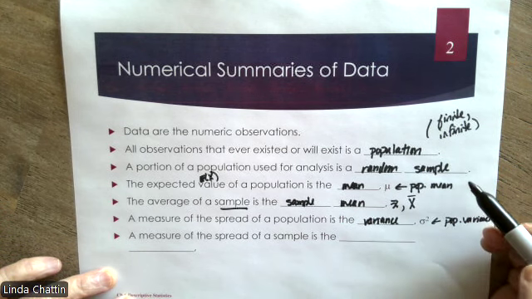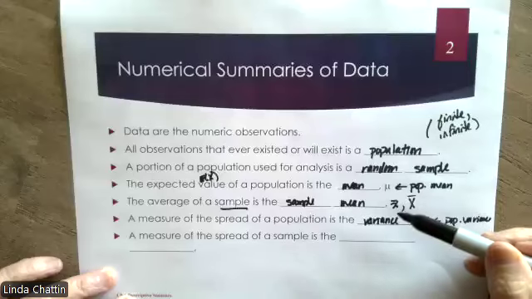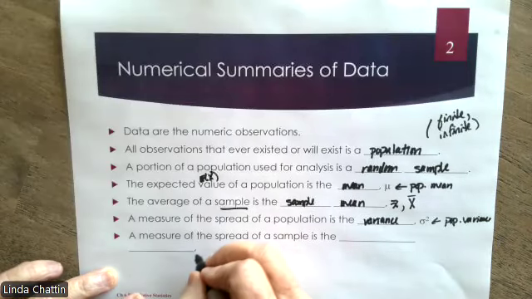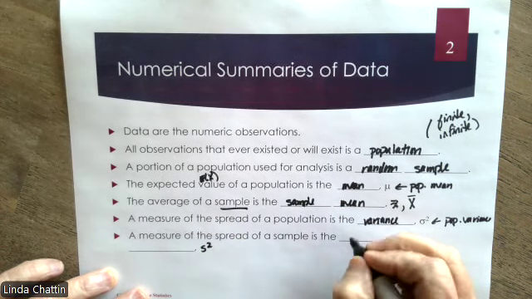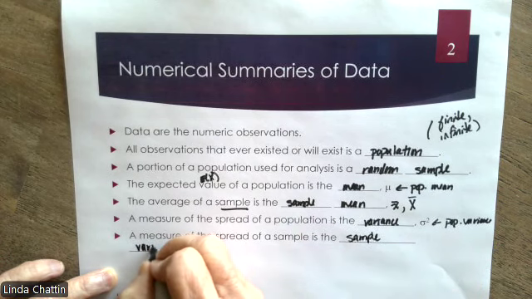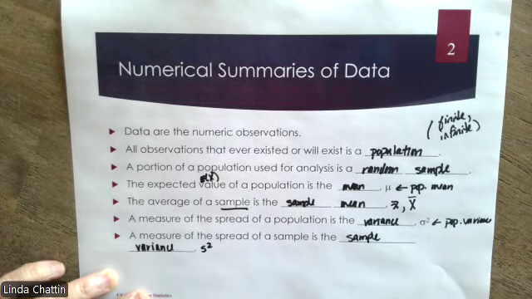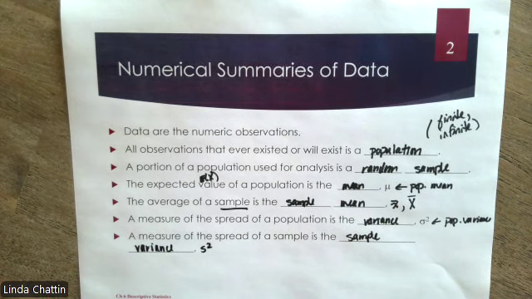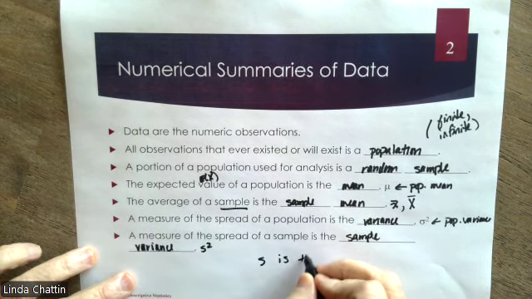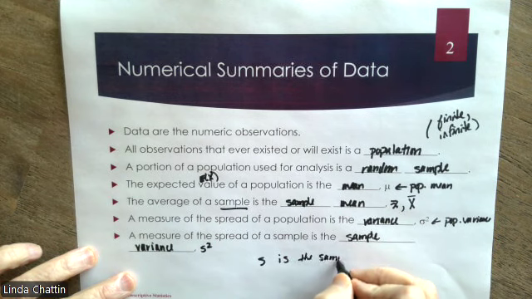However, whenever you see the word sample in the sentence along with mean, they're talking about x bar, and they're also talking about the sample variance, which is s squared. So there is a difference between sigma squared and s squared, and between mu and x bar. That's an important point. We also refer to S as the sample standard deviation.